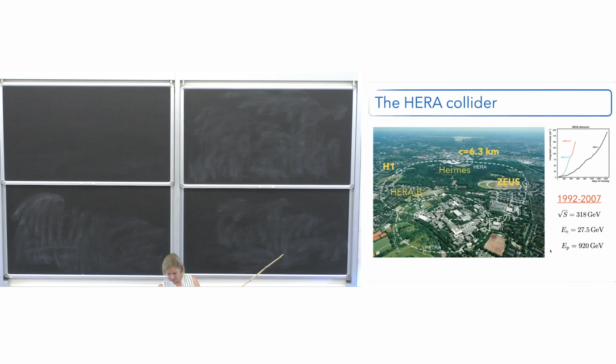But then it's interesting because, okay, that's not a historical overview, but as we started with the HERA collider that had a much larger center of mass energy, we already go to a center of mass of 318 GeV as compared to 20 GeV. So these are the energies of the electron and proton beams.